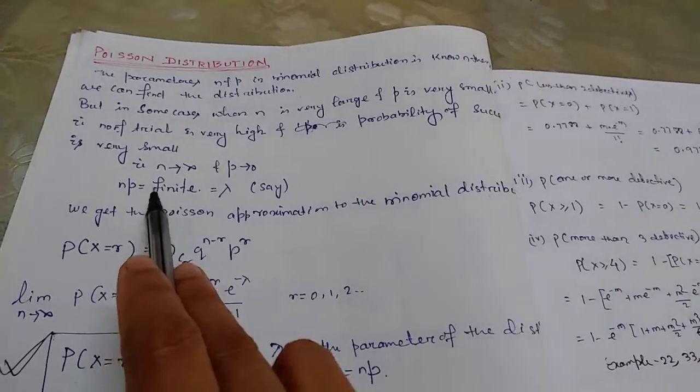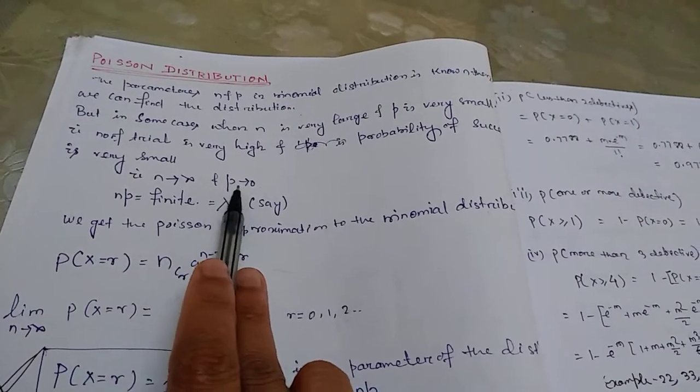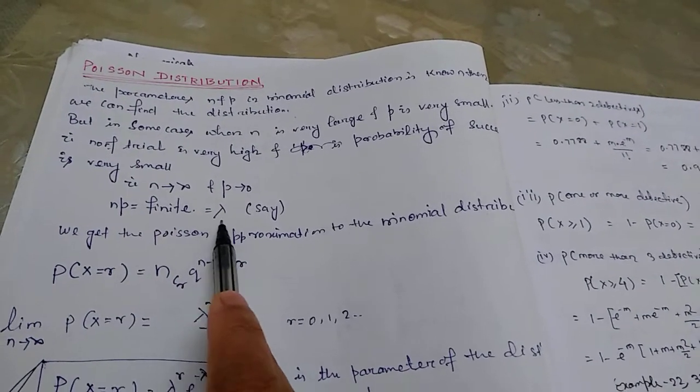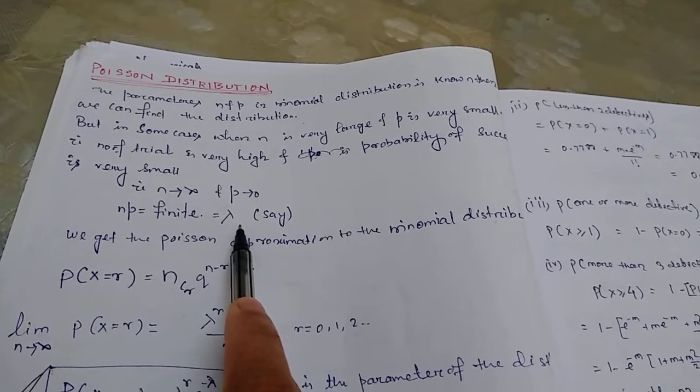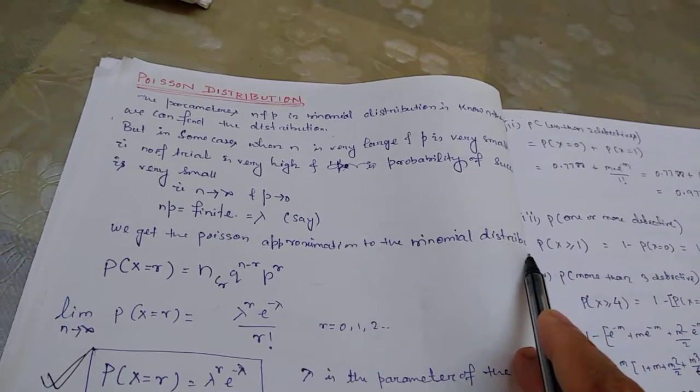So n into p will be a finite value, and let that finite value be lambda, say. Then we get the Poisson's approximation to the binomial distribution.